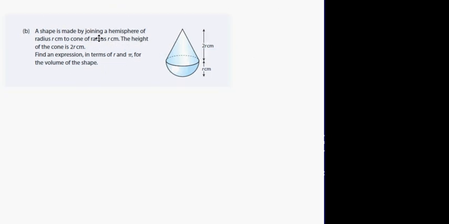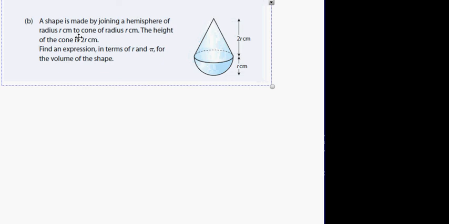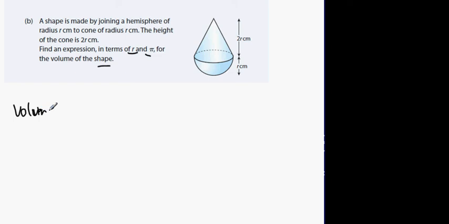Okay, moving on to the next part. A shape is made by joining a hemisphere of radius r to a cone of radius r. The height of the cone is 2r. Find an expression in terms of r and pi for the volume of the shape. Well, the volume of the cone is equal to a third pi r squared h.